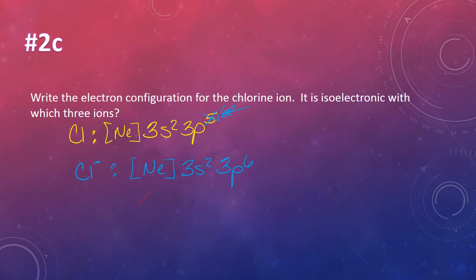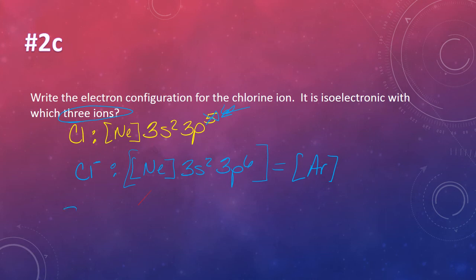Who has this electron configuration? Well, if you said argon, you got it. However, that's not our answer. We need 3 ions that are isoelectronic with the chlorine ion. What 3 ions would have the same electron configuration as argon?